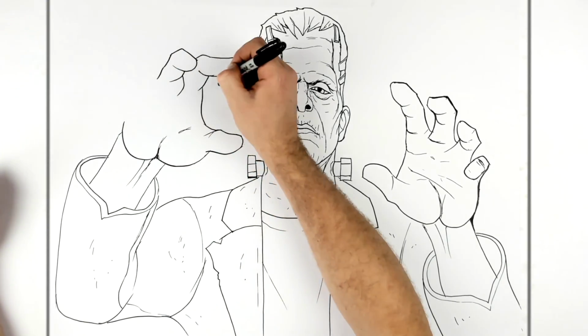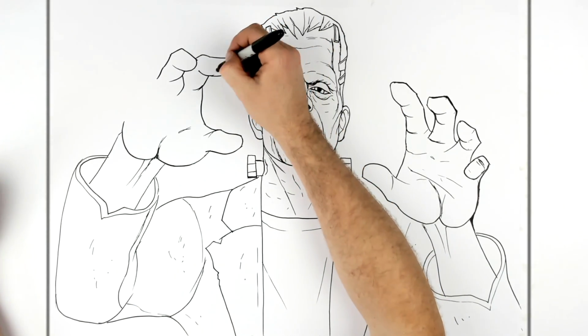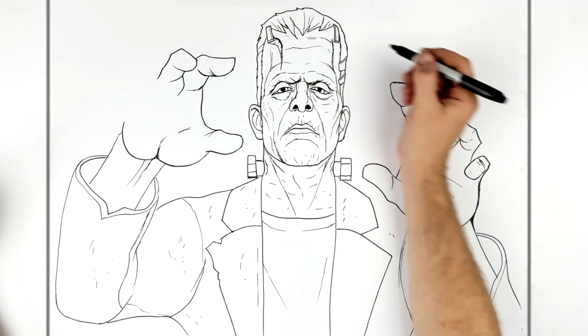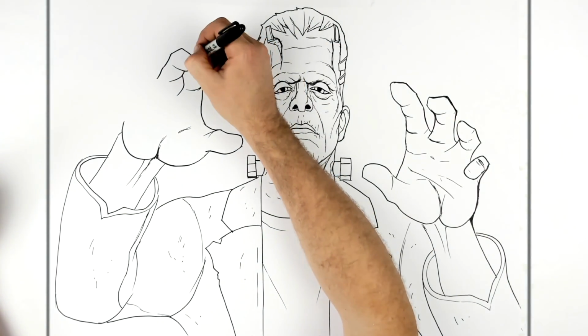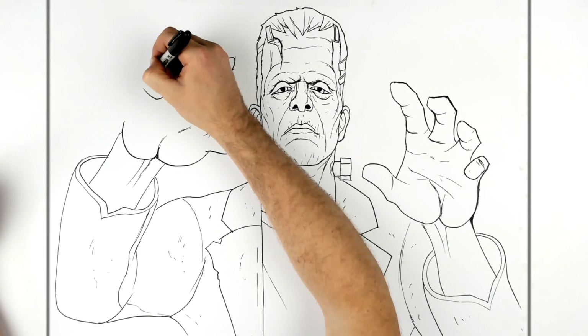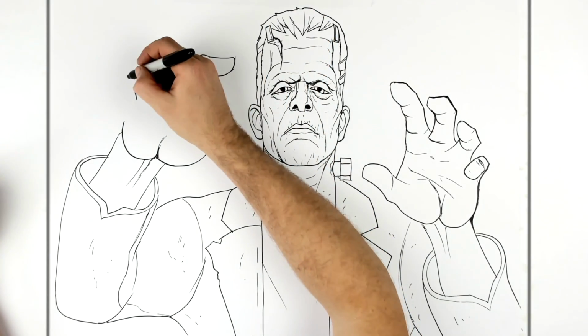Curved lines for each segment. Then the next finger is around here, down the back, down to there.